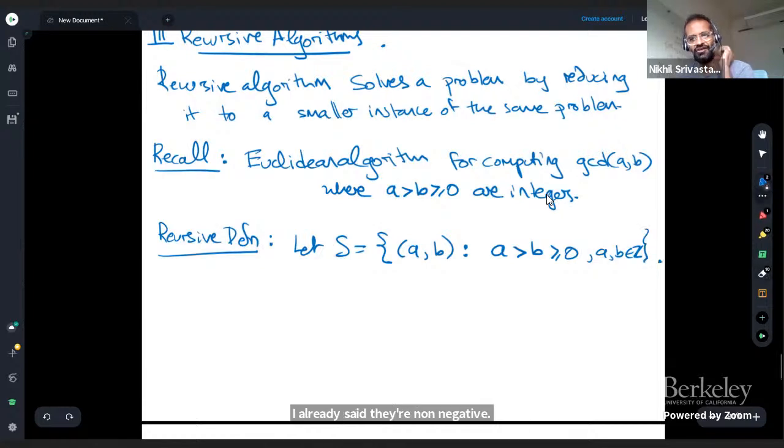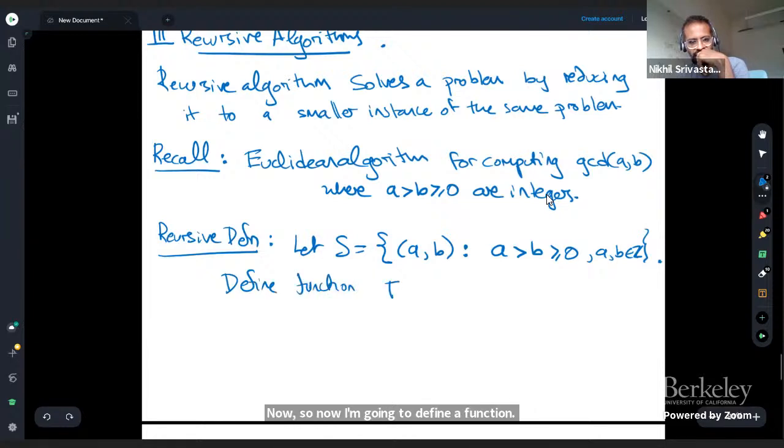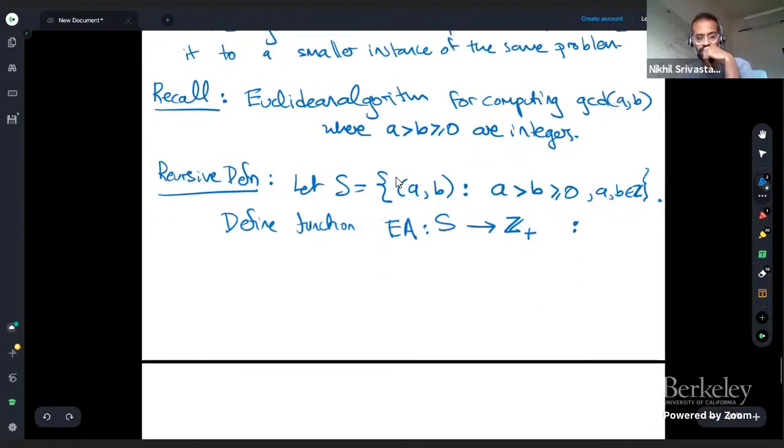So this is the set of possible inputs to the Euclidean algorithm. So now I'm going to define a function EA, which stands for Euclidean algorithm, going from the set S to the set of positive integers as follows, recursively.